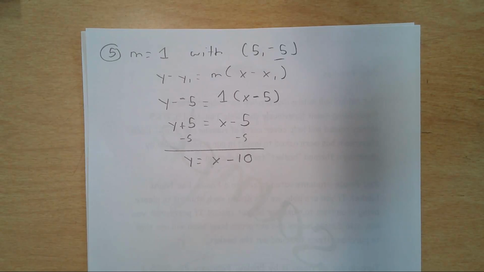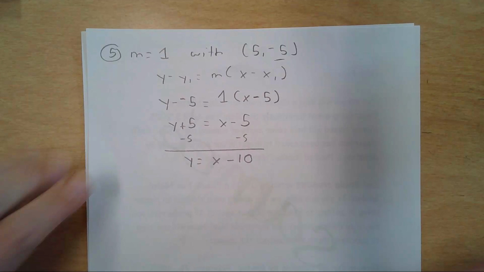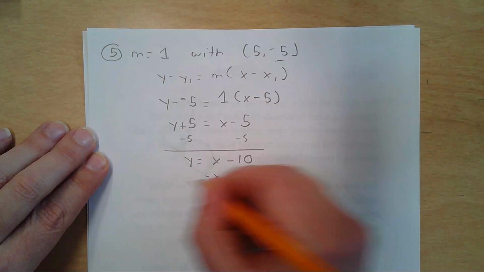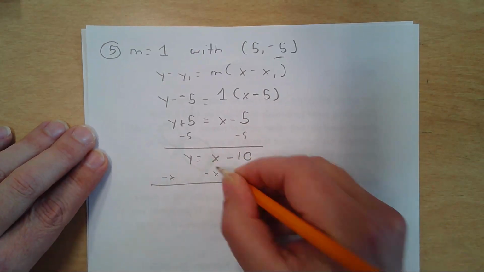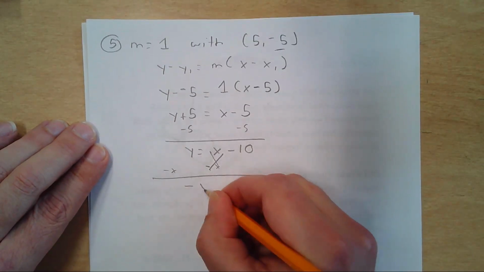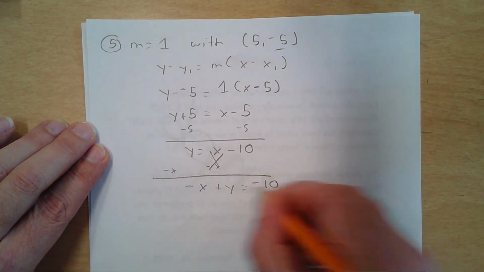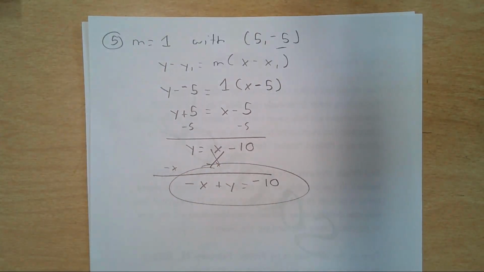And then to get it in standard form, it's in slope-intercept form right now, but I want it in standard form, so I need to move that x to the other side here. I should subtract that from both sides. And that would leave me with negative x plus y equals negative 10. For that one here.